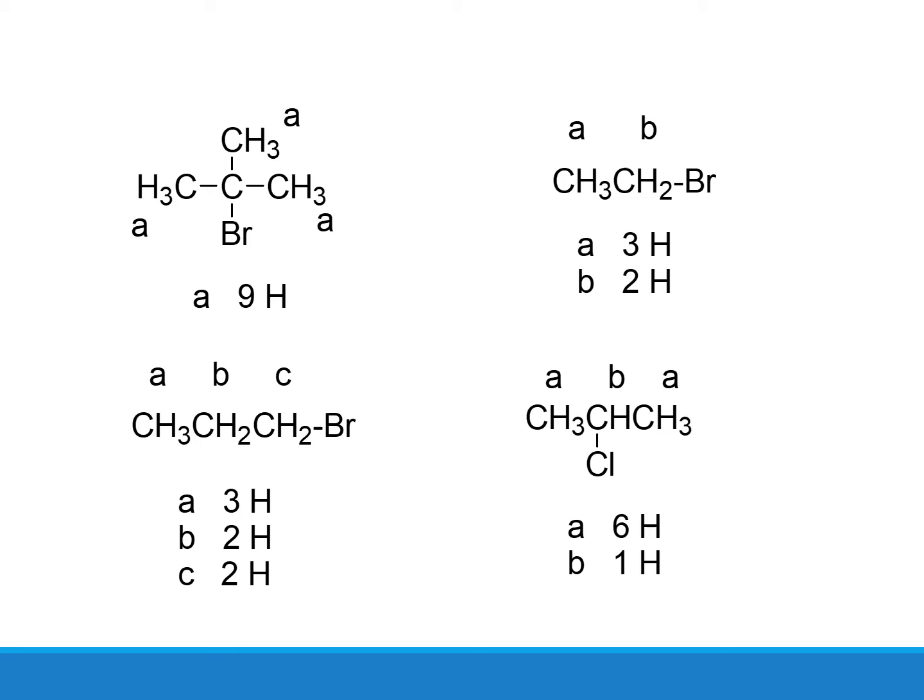Most of the time, integration is very important when you have hydrogens in 2 different environments, as in the case of ethyl bromide. The methylene hydrogens are 2 and the methyl hydrogens are 3, so the peak for the methyl group will be 1 hydrogen higher than the peak for the methylene group.